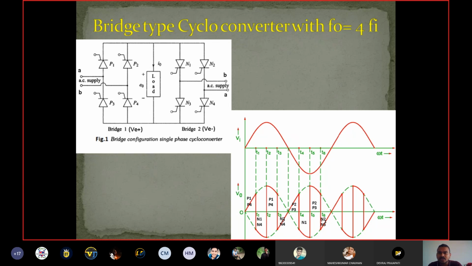Now during the positive half cycle, from the starting of the positive half cycle to T1, we are triggering the P1 and P4 thyristors.